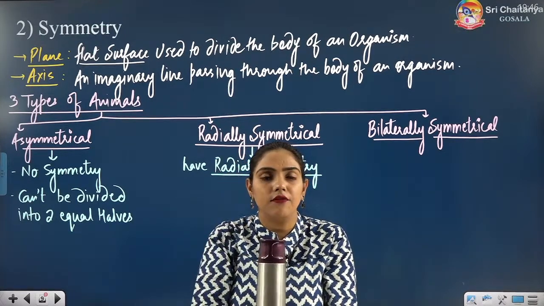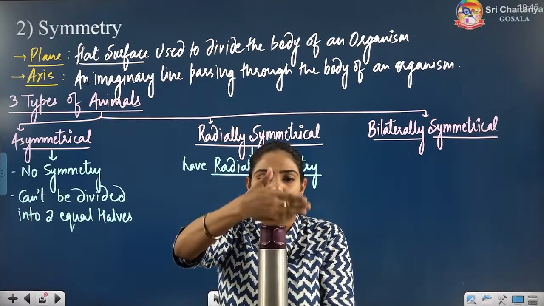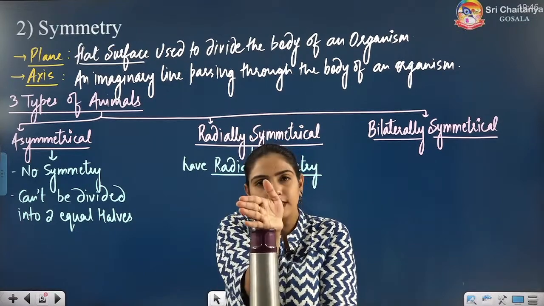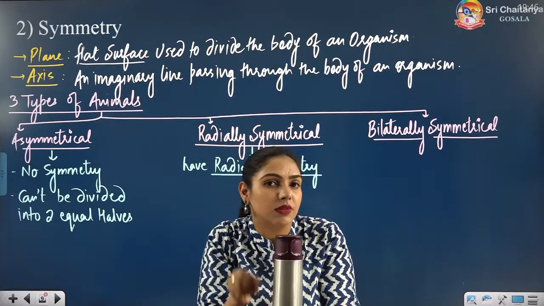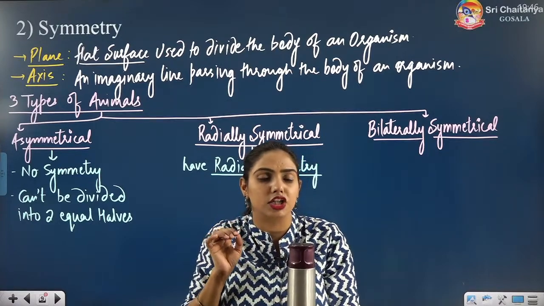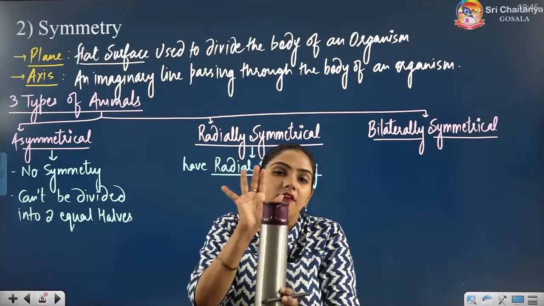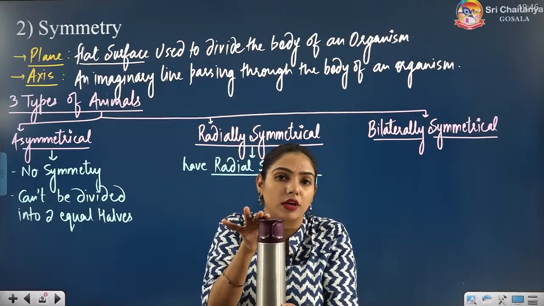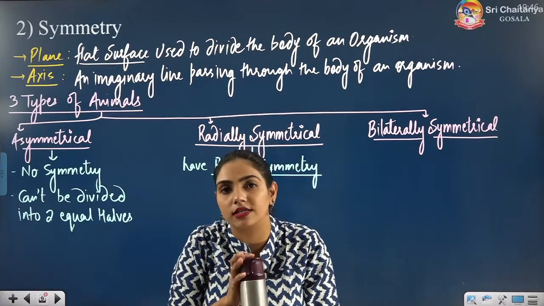Then if we use any plane, this plane or this plane or this plane, which passes through the center of the body, that is the condition, any plane passing through the center of the body will cut this bottle into two equal parts or not? Please tell me in the comments if you are understanding.